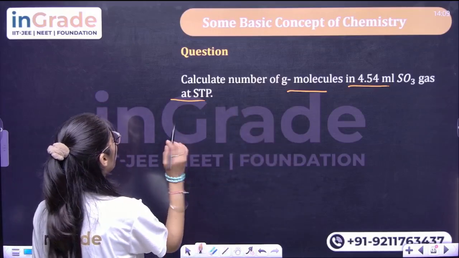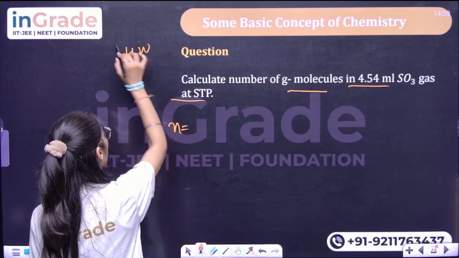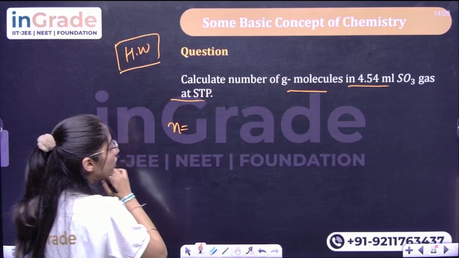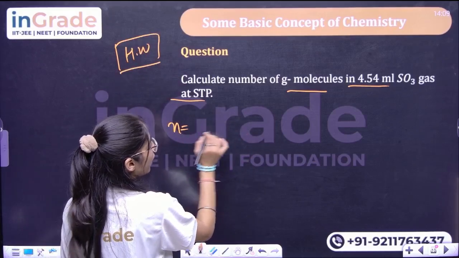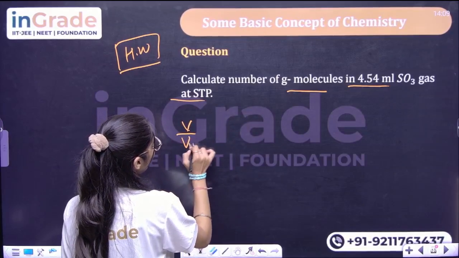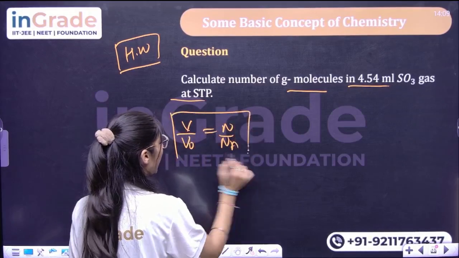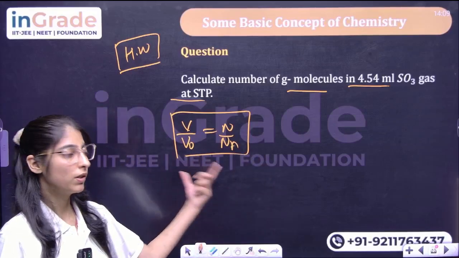Again, you are going to apply the formula. I am writing the formula. This is for your homework. You are going to solve this question by yourself. Simply write the formula in which V upon V naught is equal to N by Na. Use this formula and try to solve this question by yourself.